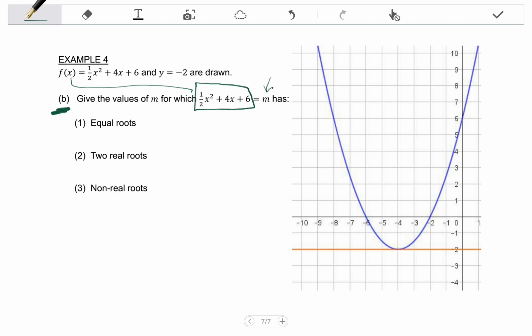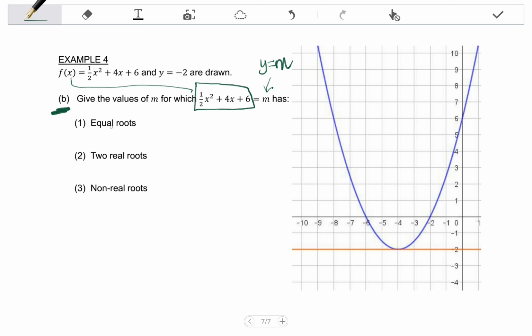We have just looked at an example where we solved simultaneously to find points of intersection. So what this m represents is the equation of a horizontal line that intersects with my parabola, either to give me equal roots, 2 real roots, or non-real roots.